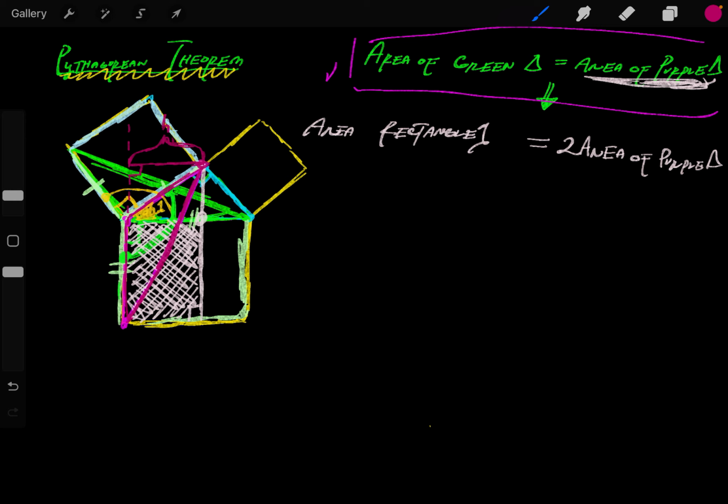And this is the base. But this h here is the same as this h right here. And that takes some time to see.